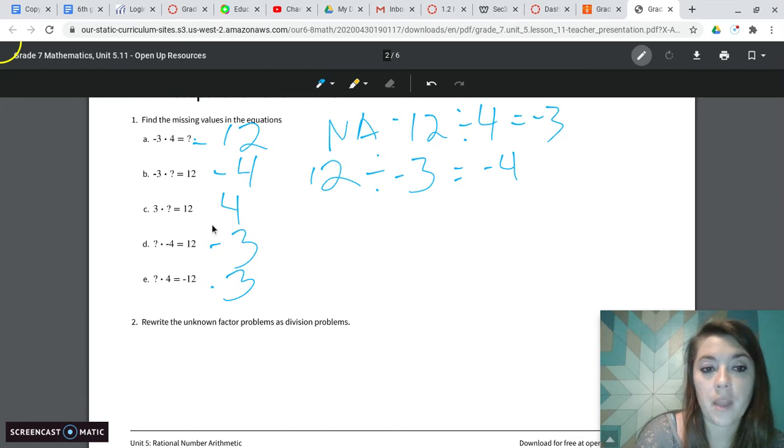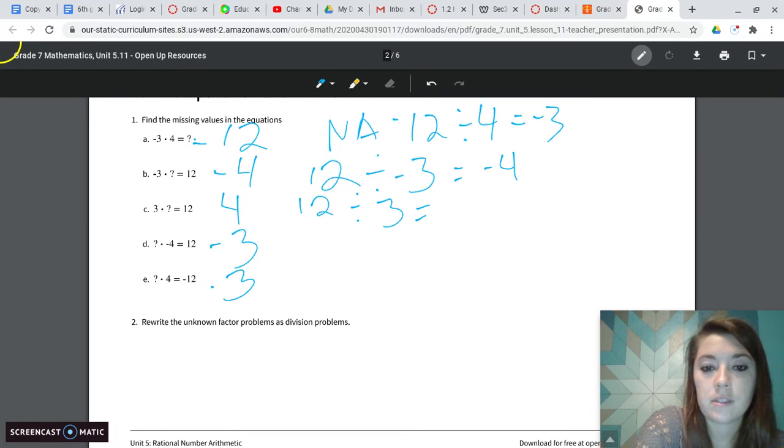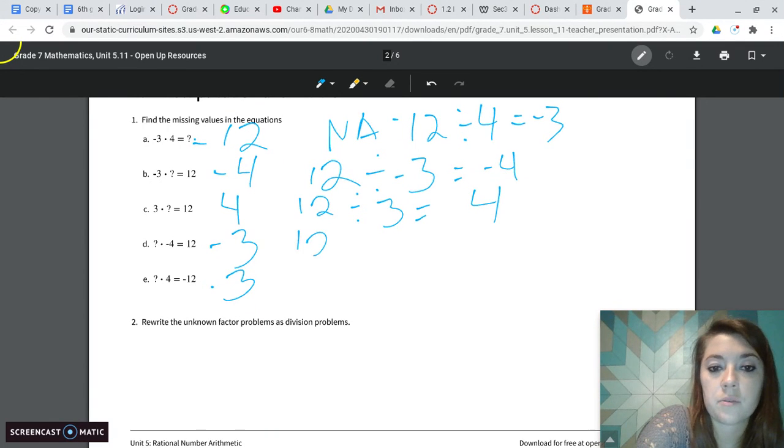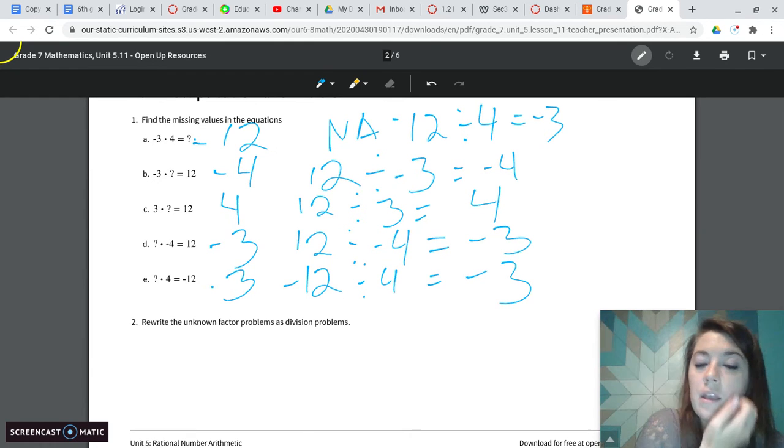So for the next one, we have 12. We're going to divide it by 3 to get 4. Next one, we're going to take 12, divide it by -4 to get -3. And the last one, we're going to take -12 divided by 4 to get -3.